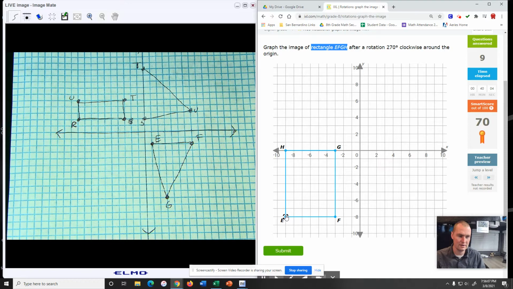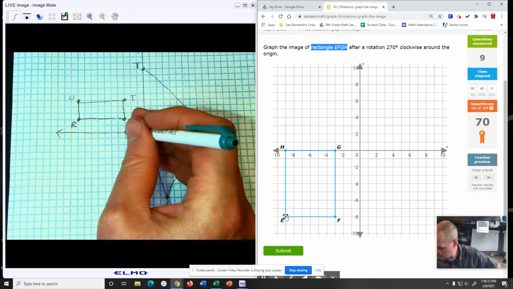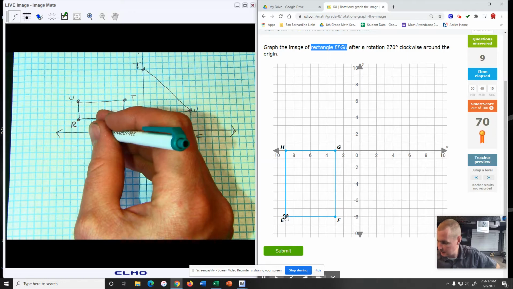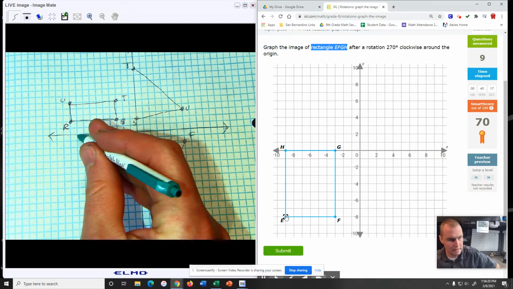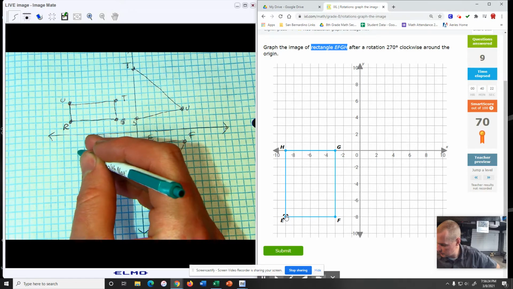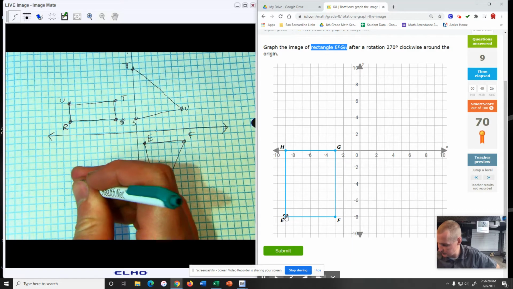See the -8 right there? So left 9, down 8. Here we go. 1, 2, 3, 4, 5, 6, 7, 8, 9, and down 8. 1, 2, 3, 4, 5, 6, 7, 8 lands right there.